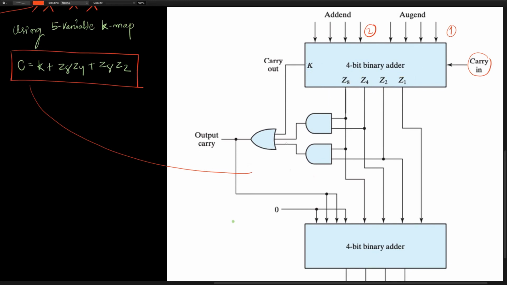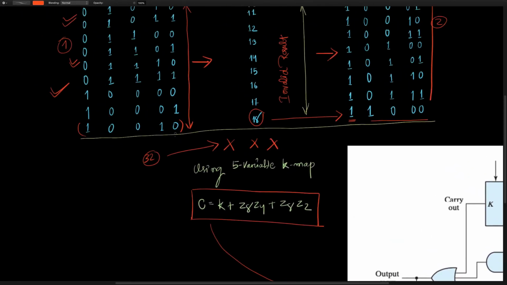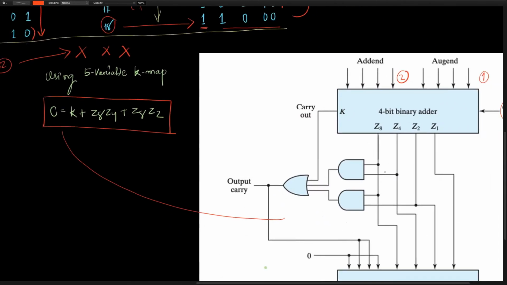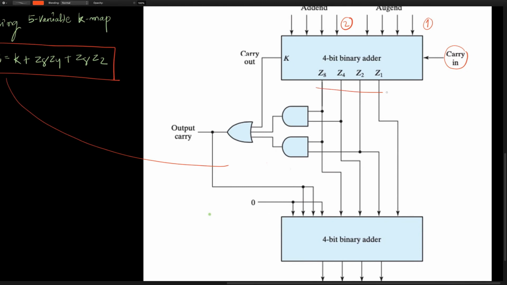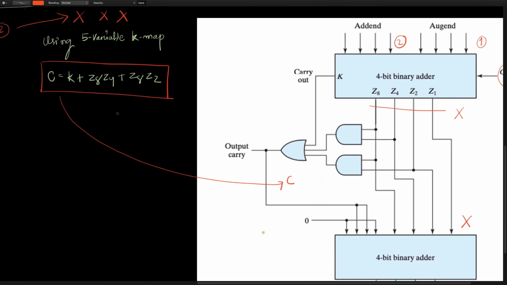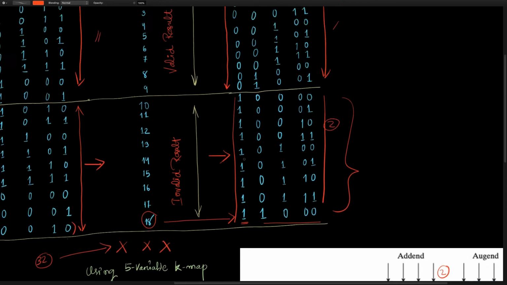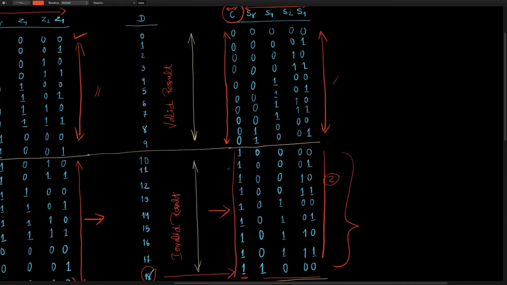Next, if we have an invalid answer, that is this second group, with any number in between these, we have to convert it into valid bits by adding 6. So if these numbers come as invalid, they go into the adder as invalid bits. C goes up, because we have designed C to be 1 only for these combinations, whereas for valid bits C remains 0.